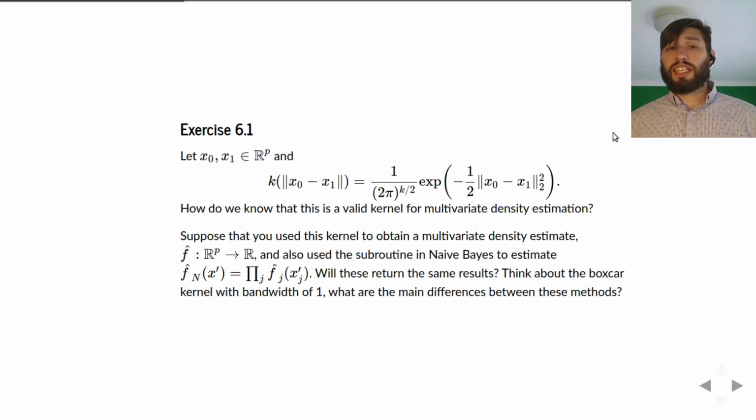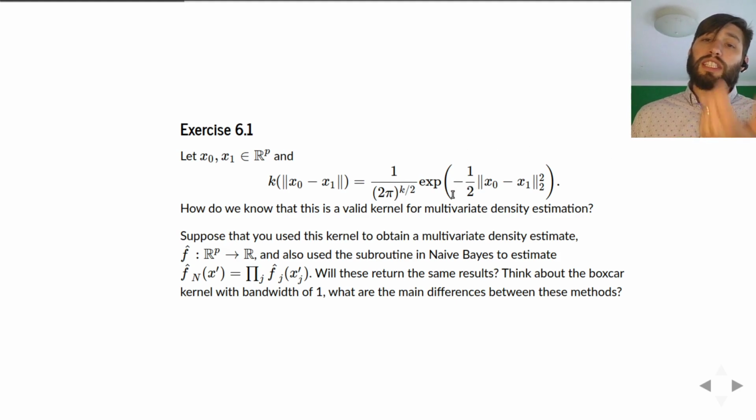So we have this exercise, which is trying to get you to start to think about what really is gained by making this independence assumption, right? But first, we're asking just how do we know that this kernel here is a valid multivariate kernel for multivariate density estimation?